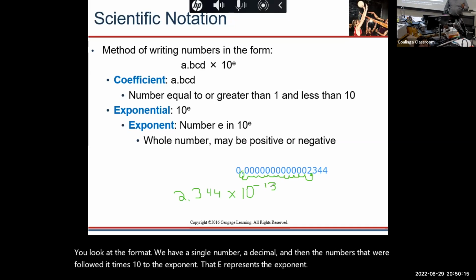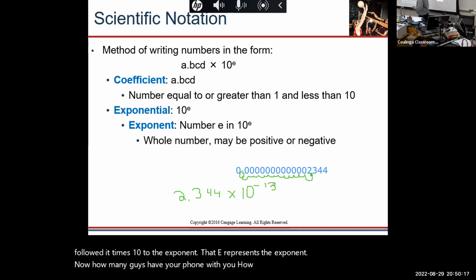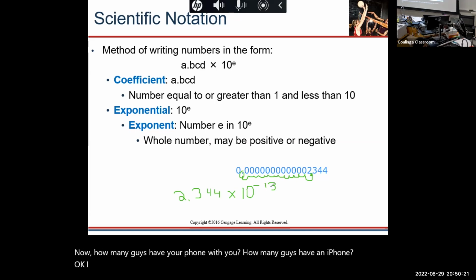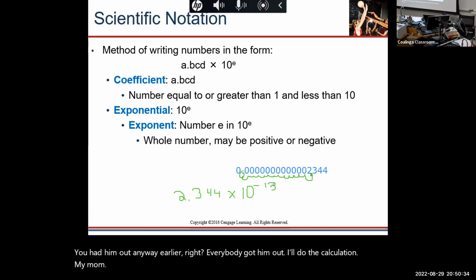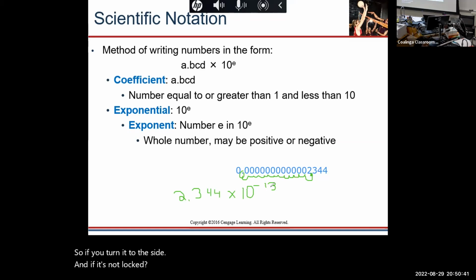Now, how many of you guys have your iPhone with you? Pull out your iPhone. Everybody got them out? Go get the calculator. Okay, if you turn it to the side, and if it's not locked, turn to the side.